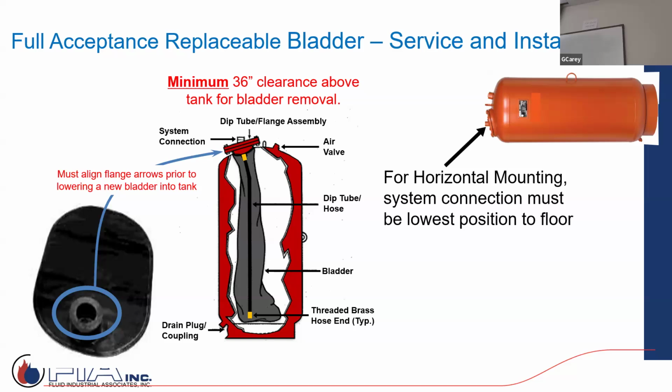Maybe I can just take this assembly off this flanged top and replace the bladder. Now, us sitting here in this room talking about it, easy peasy. For the contractors and technicians out in the field doing it, it's a big deal. It's a big challenge. So it's an option, but it's not as easy as I just described, and they'll let you know when they have to wrestle with that.